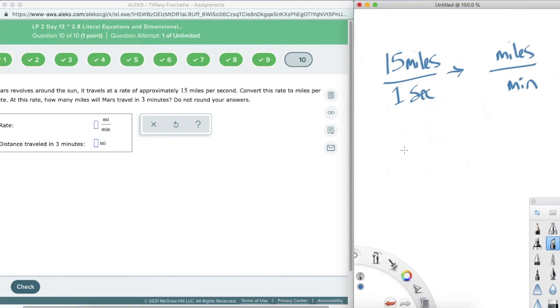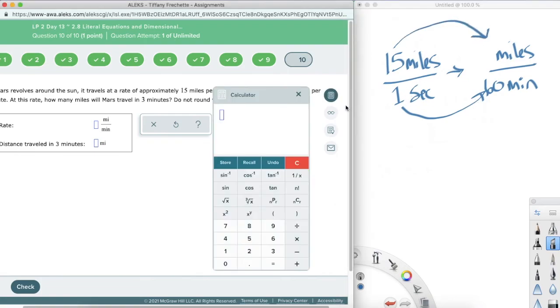So what that means is, if for every second it's going 15 miles, well, how many seconds are in a minute? Well, there's 60, right? So I'm going to multiply by 60 to get there. So I need to do the same thing on the top here. I'm going to multiply by 60. So 15 times 60 is 900.